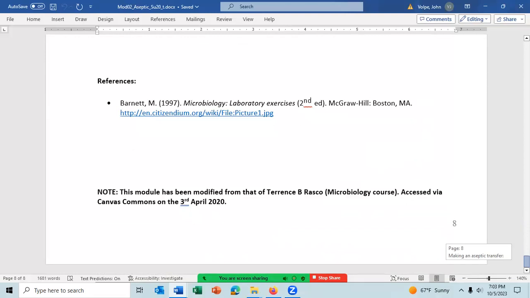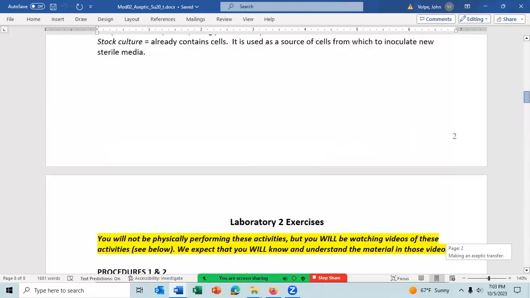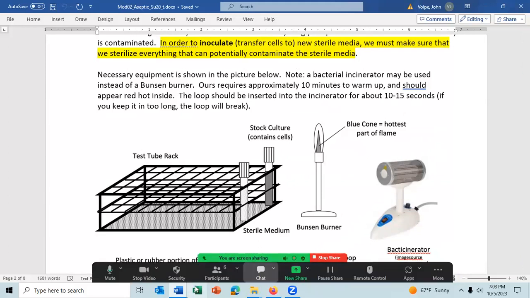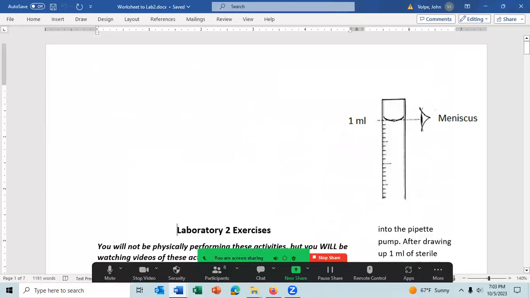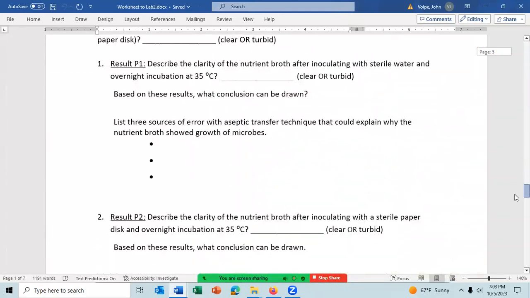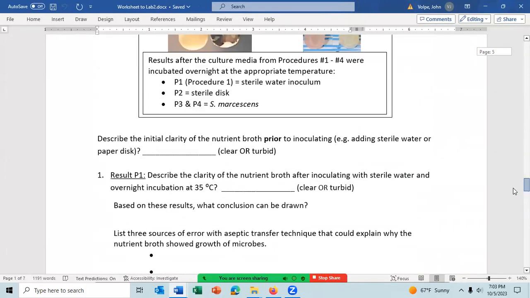Any question about any of that? All right, remember to only fill out the worksheet, which I never showed you. So put your answers on the worksheet here. And then submit the worksheet.